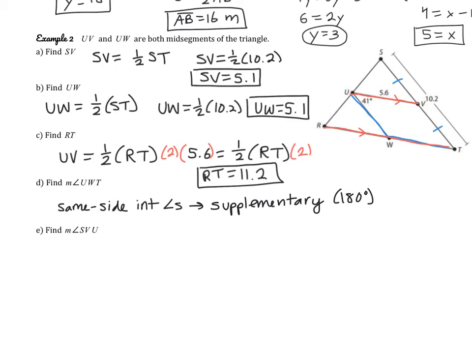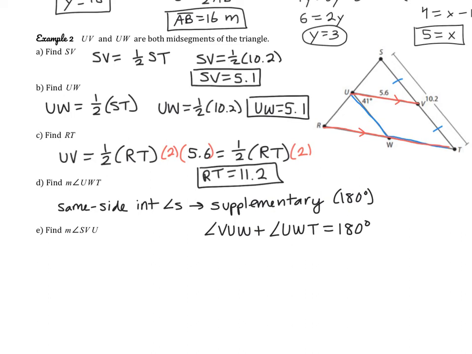So we can create an equation that looks like this. We know that angle VUW plus angle UWT should equal 180. And again, the reason for that is that they are same side interior angles with two parallel lines cut by a transversal.